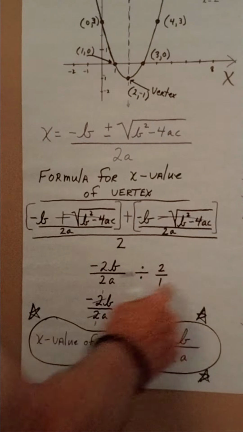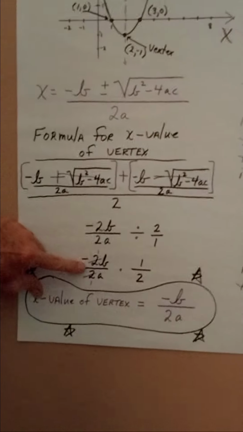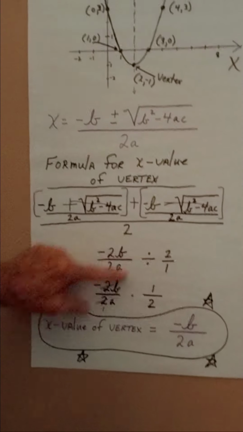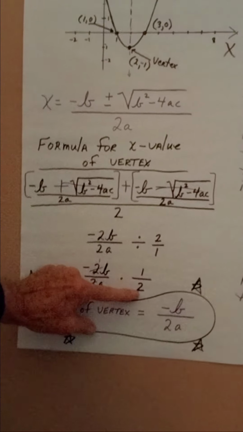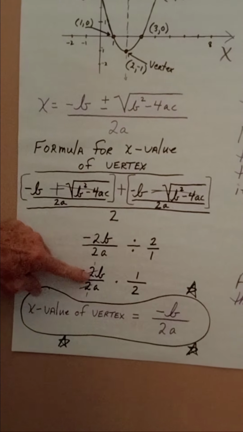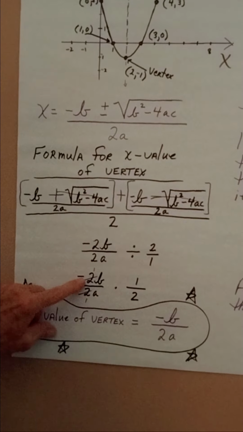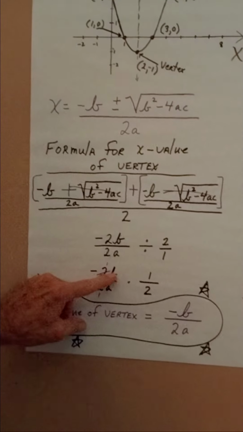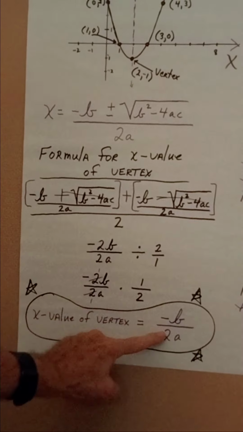So I showed it in this way, divided by 2 over 1. Then I brought down the negative 2b over 2a, changed the division to multiply, and reciprocated the 2 over 1 to 1 over 2, and I reduced. I canceled out these 2's right here. And if we multiply across, we'll have a negative 1b, or the opposite of b, over 2a.